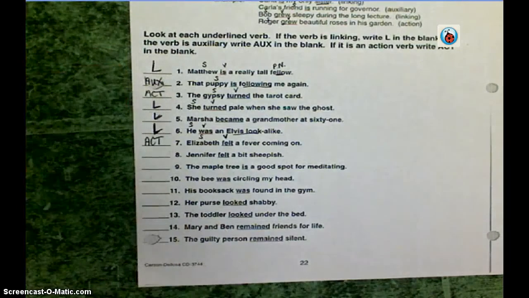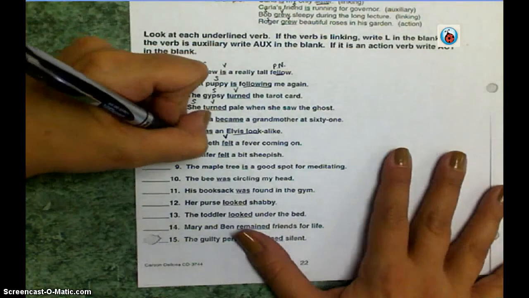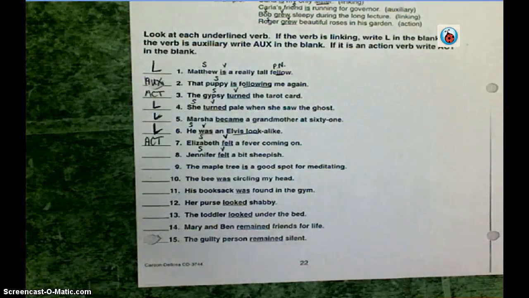But Jennifer felt a bit sheepish, okay? So go ahead. Jennifer felt a bit sheepish. I was about to get ahead of myself. Now, who or what did it? Jennifer, obviously. What did she do? She felt. Can you see when someone feels an emotion all the time? Not really, okay?